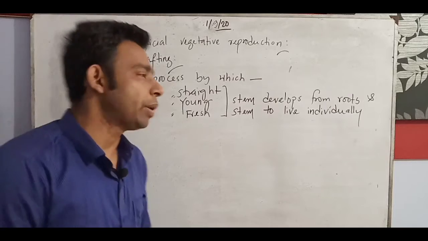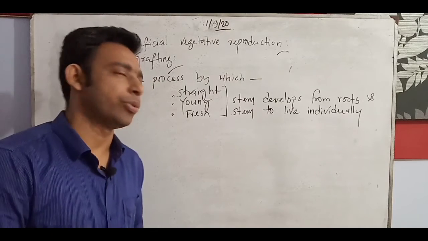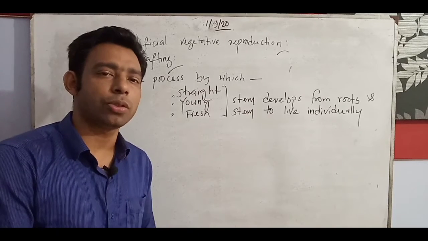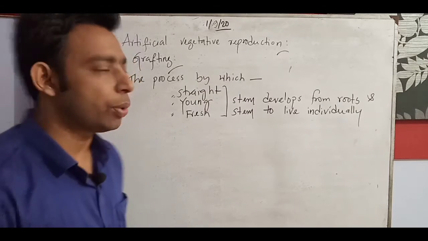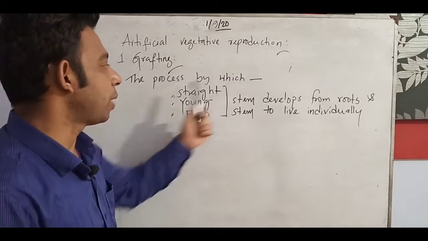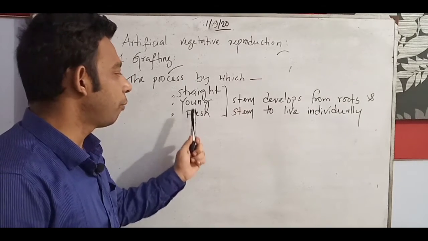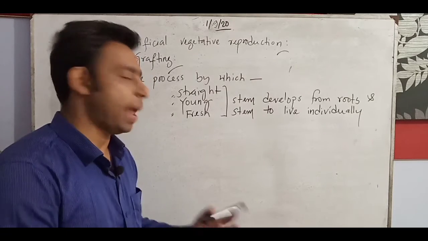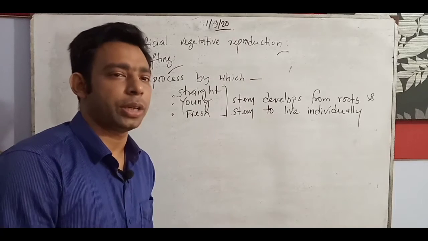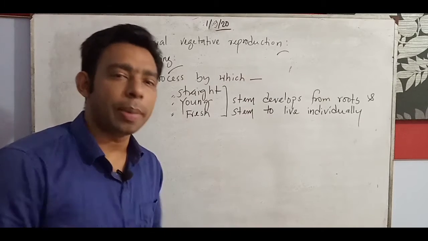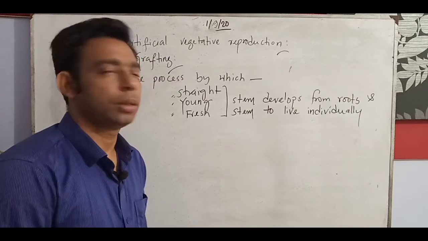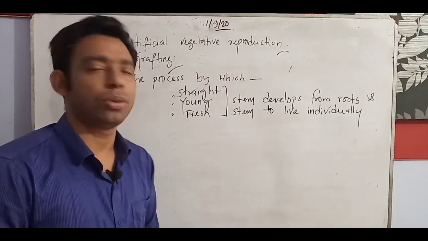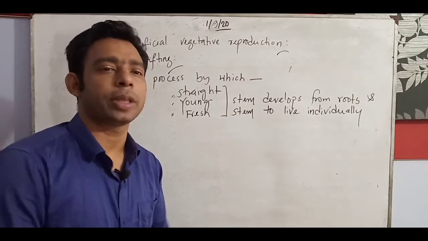Why? Because if we write points this way, it will be much easier to remember. The process by which a straight, young, fresh stem is used. If you take an old plant, or a damaged plant, the stem of course develops from the root, but it does not live individually and does not give fresh seedlings.